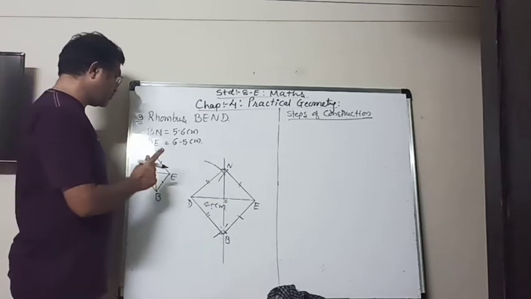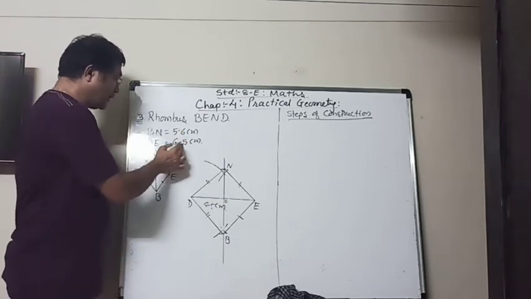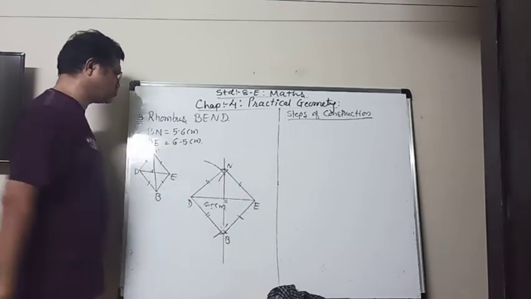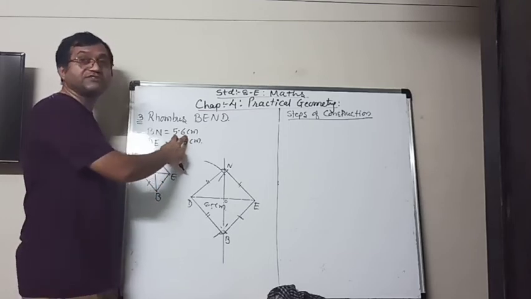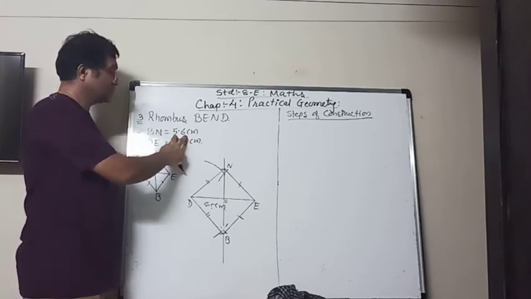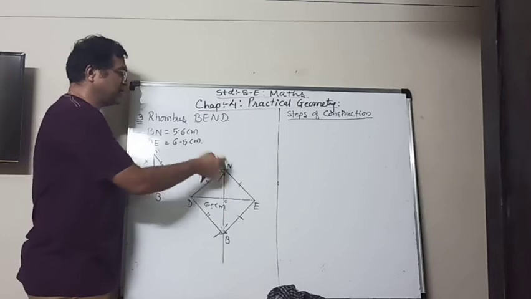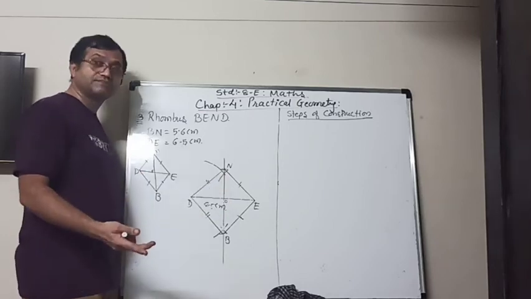So in this situation, what we have to do? Any one of them you can choose. I choose this one, because it is easy to make half of this. Because 5.6 is there, so it will be easy for us, 2.8, right?